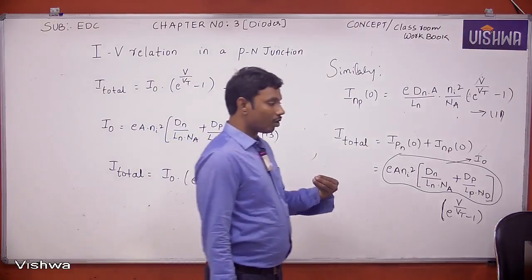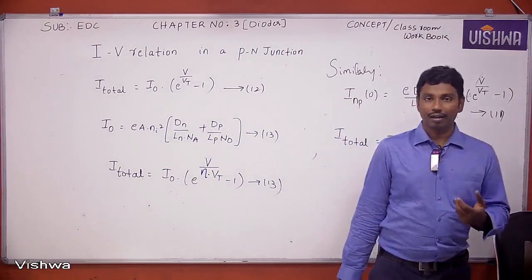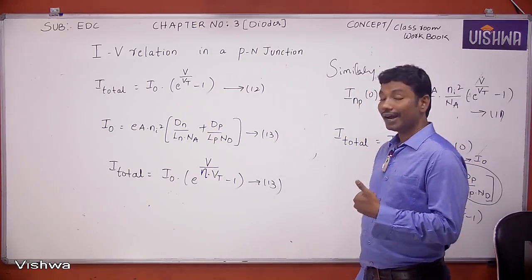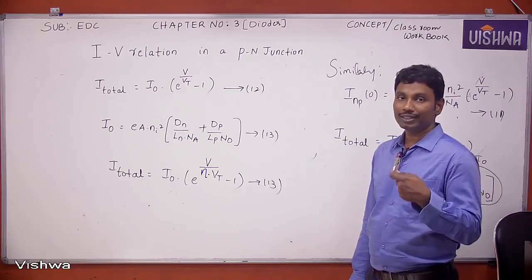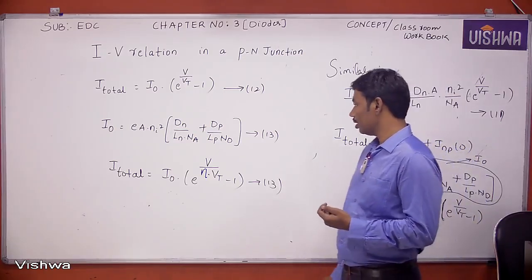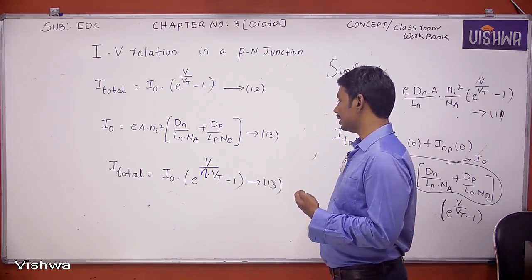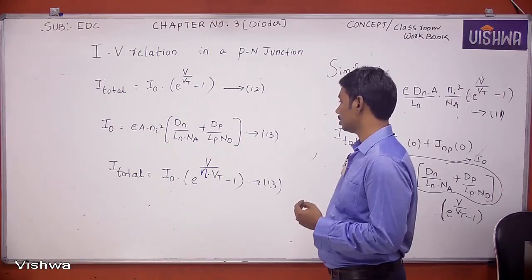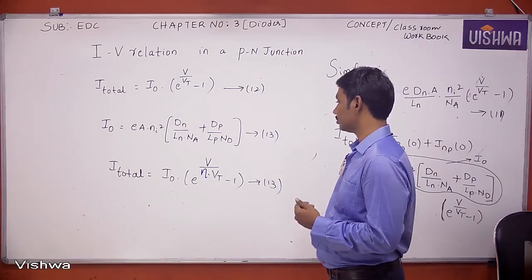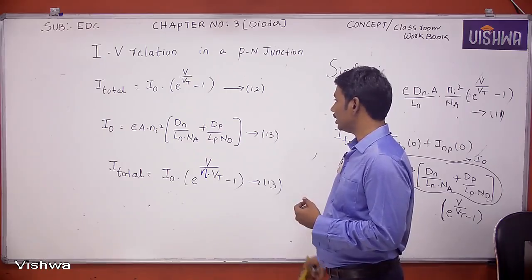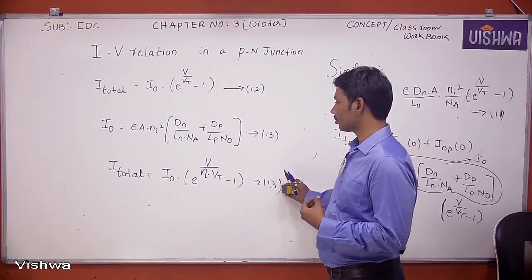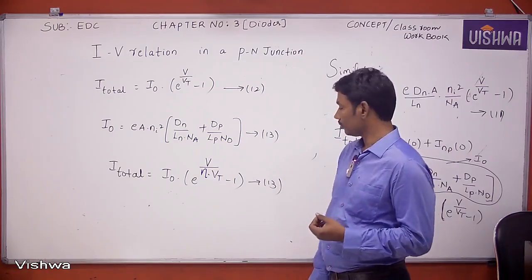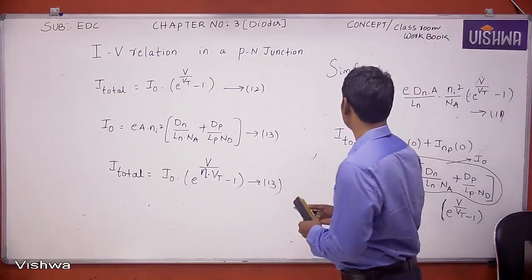That new term is called eta, in brackets ideality factor. That eta is called the ideality factor. Next, write down. Equation 12 becomes equation 13. Copy equation 13.